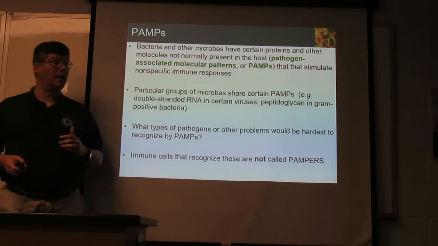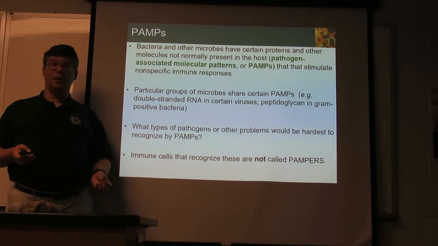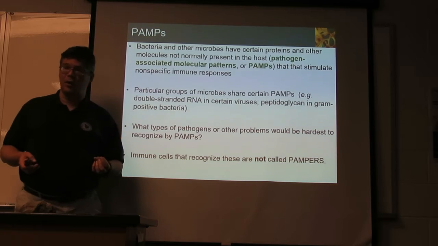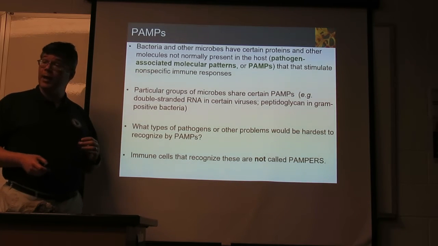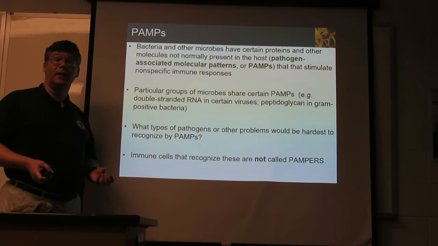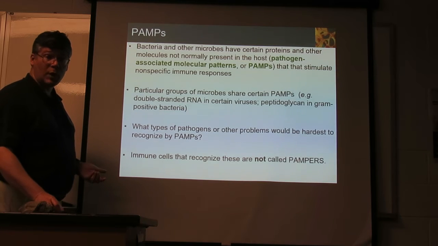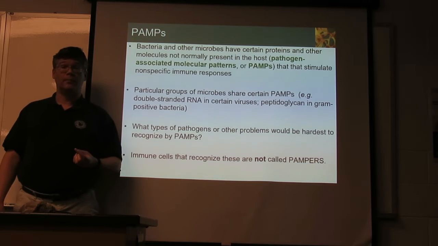And so the body will have a general, what's this stuff? This is not me at all. And so the body recognizes this, the immune system will attack it. For example, there are some viruses that use double-stranded RNA as their genetic material.